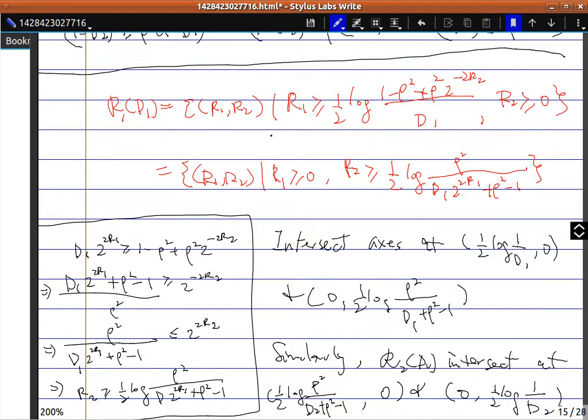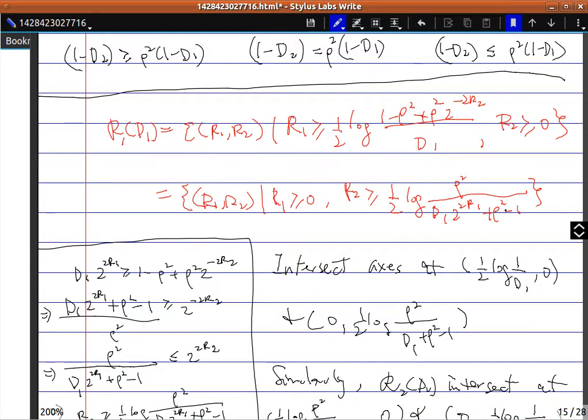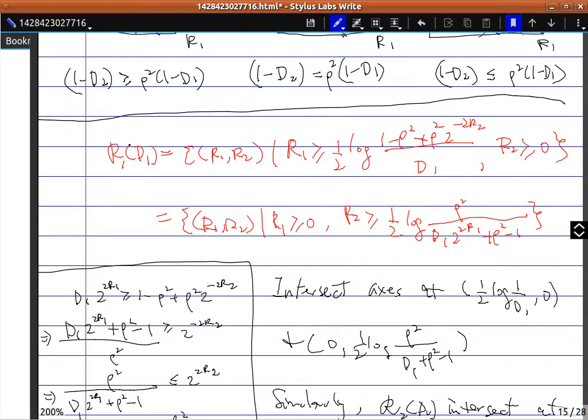And if we write it this way, then we can see that the boundary of the R1 region will intersect the axis at 1/2 log 1 over D1, and intersect at 1/2 log rho square over D1 plus rho square minus 1.